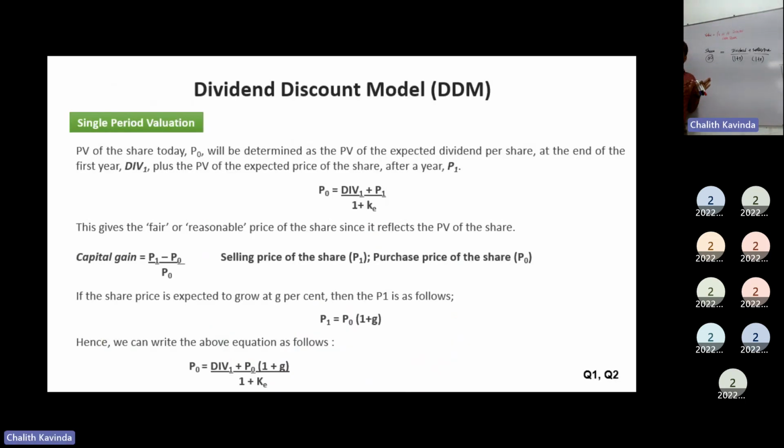When it comes to the single period valuation, don't look there, those are very simple things. What do you mean by single period valuation? In a very simple way, as an investor, you hold the share for a single period.